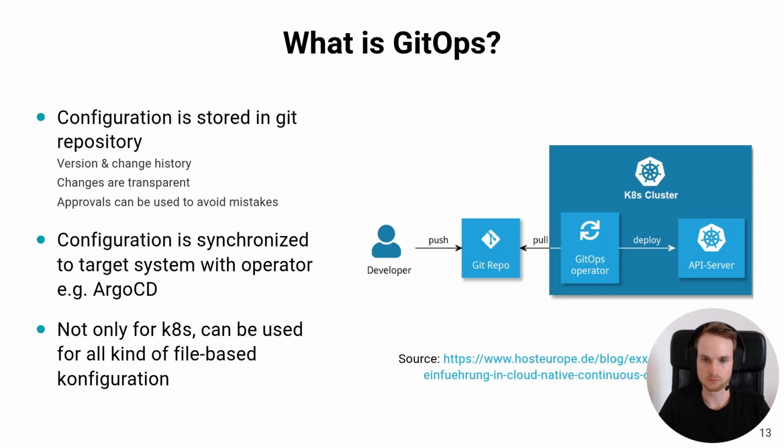This is where modern deployment processes help us, especially a process called GitOps. When using GitOps, we store configuration in a Git repository. We know Git repositories from software development, where we store and version our source code, for example, with tools like GitHub or GitLab. Now we use a similar approach for storing configuration, or in our case, YAML files.